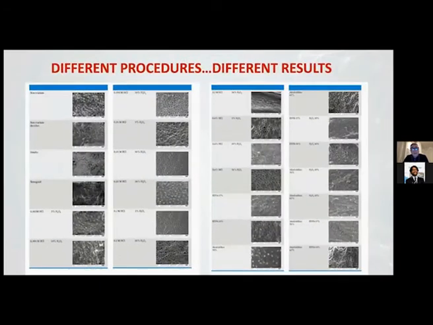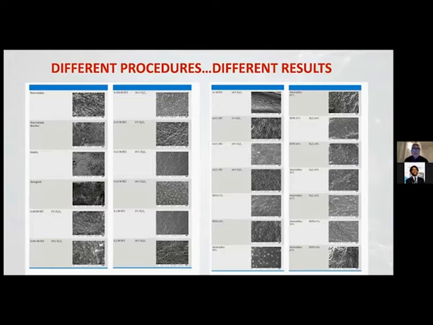Obviously, we spent about 1 year on these studies, but today we have very little time, and it's impossible to explain every test we made. But it's possible to observe in this image that if we use a different procedure, we have different results on the surface of the granules.